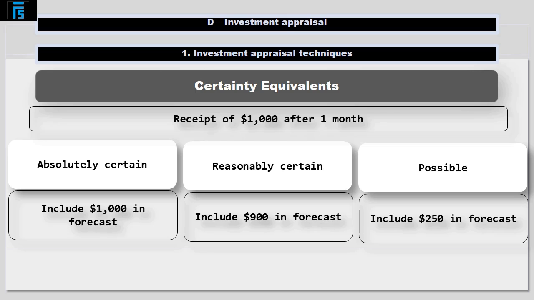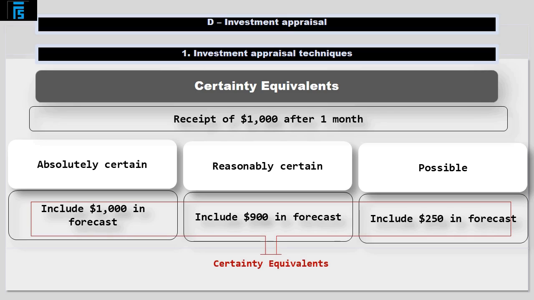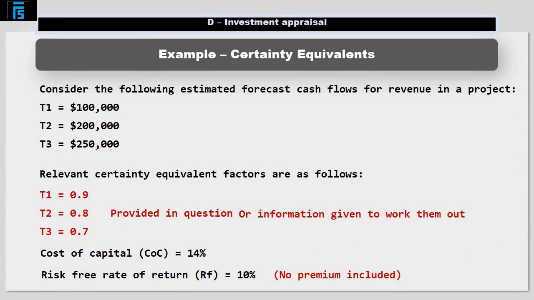In effect, what we're doing here is restating the possible $1,000 as a certainty equivalent. For example, we're saying a possible $1,000 is worth the same as a certain $900, for example. Let's consider how this might be examined. Consider the following estimated forecast cash flows for revenue in a project.